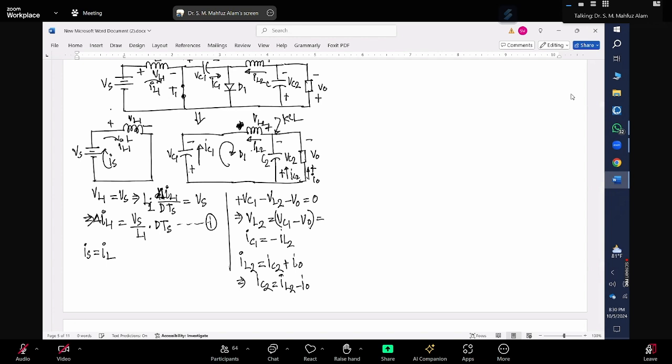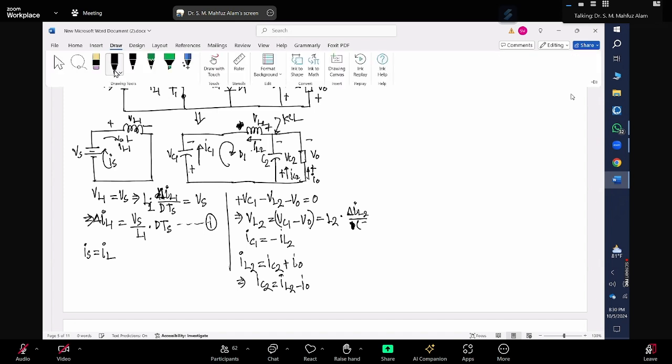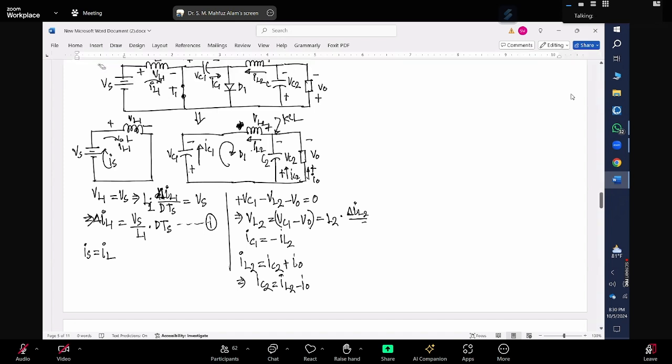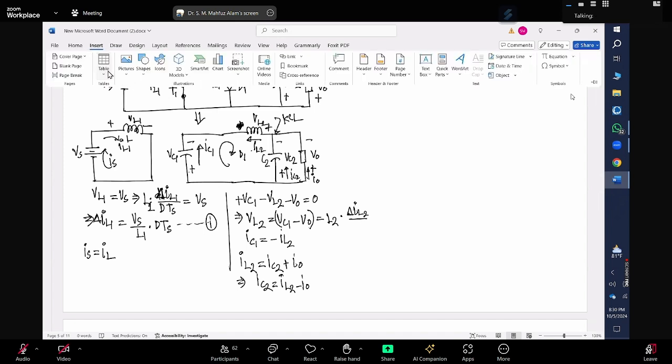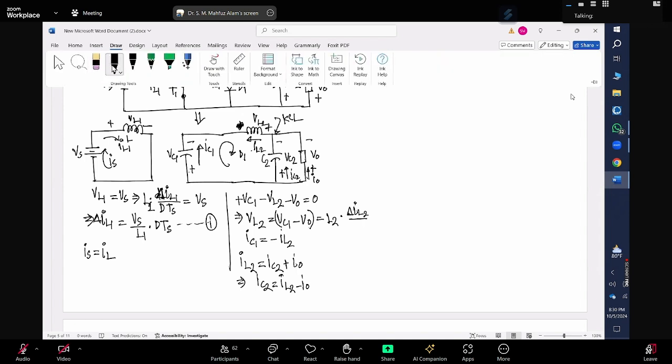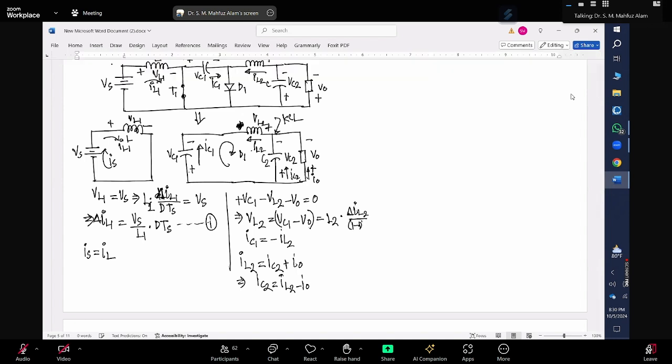Yes, sir. This thing should be equal to L2 multiplied by del IL2 over D into 1 minus D into TS, 1 minus D multiplied by TS.